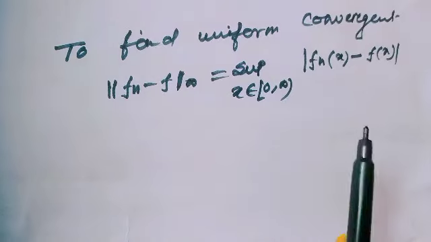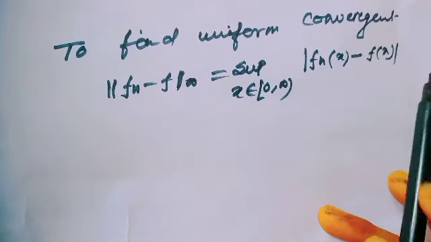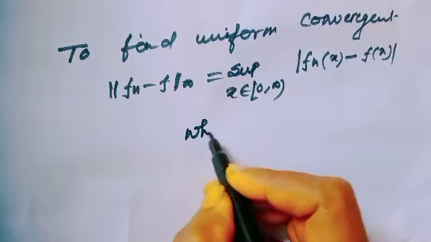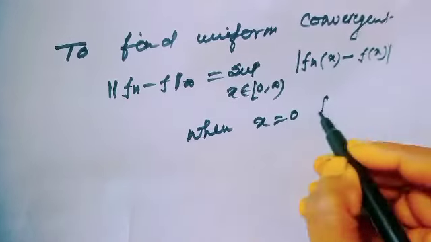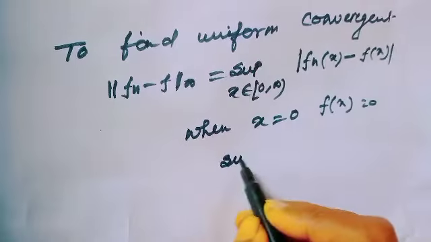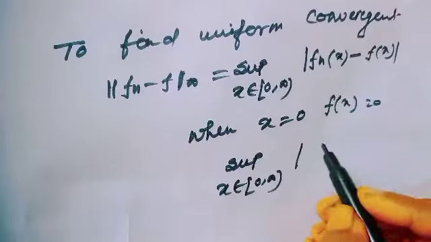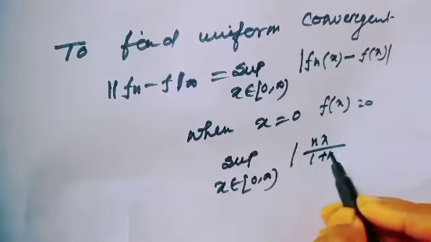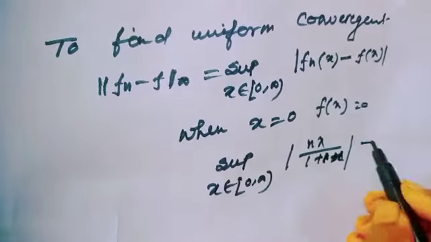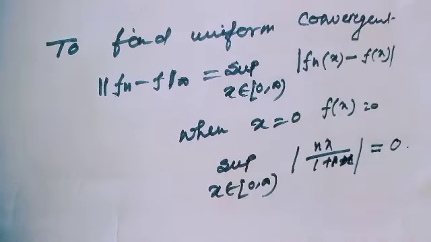To find the uniform convergence, since here f(x) is of two different types, when x equals 0, f(x) is 0, then the value would be the supremum, x belongs to closed 0 open infinity, of nx over 1 plus nx, and obviously this supremum is 0 always.